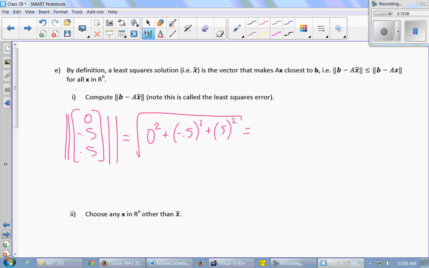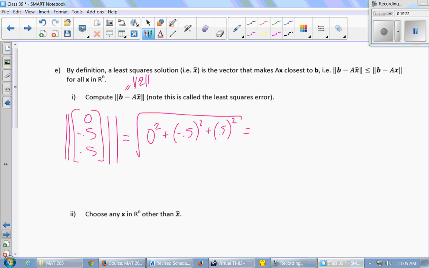I want the length of B minus AX. This is equal to the length of Z, because AX hat is B hat, they're the same. B minus B hat gives Z.